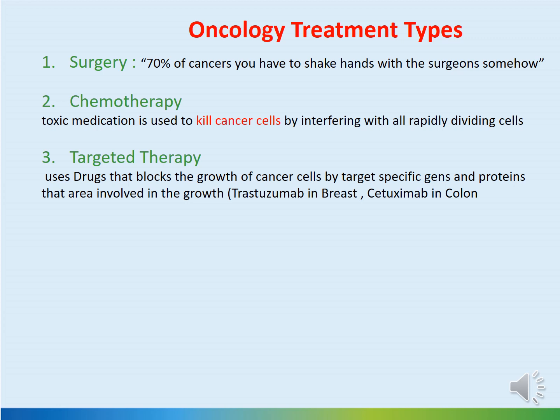So the side effects of targeted therapy are much less than chemotherapy, because these therapies target only the cancer cells; they block only the growth of the cancer cells. We have many examples of targeted therapy, like trastuzumab in the breast, which is called Herceptin, or cetuximab in the colon.